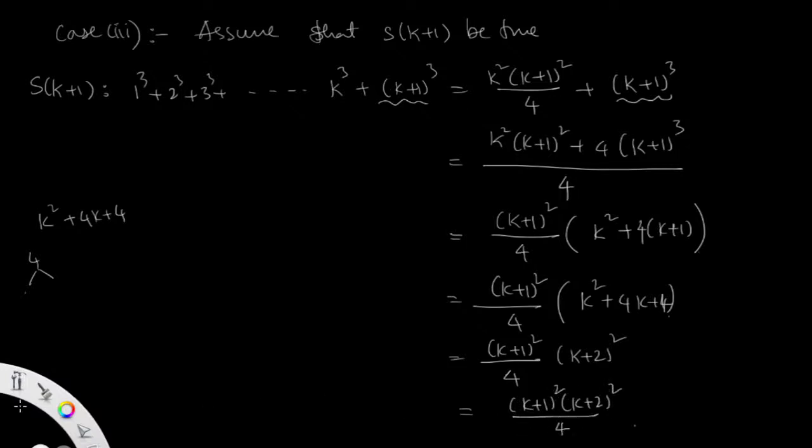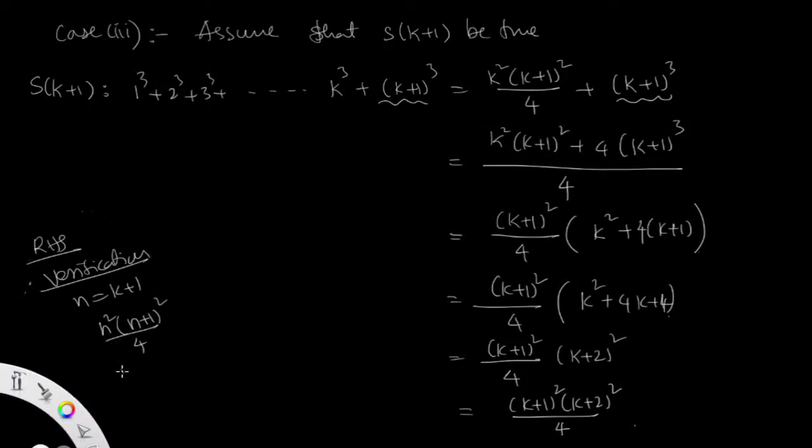To check whether it is correct or not, do the RHS verification: substitute n equal to k+1 in n²(n+1)²/4. Then (k+1)²(k+1+1)², which is (k+2)², by 4. Both are equal. Therefore, S(k+1) is true.